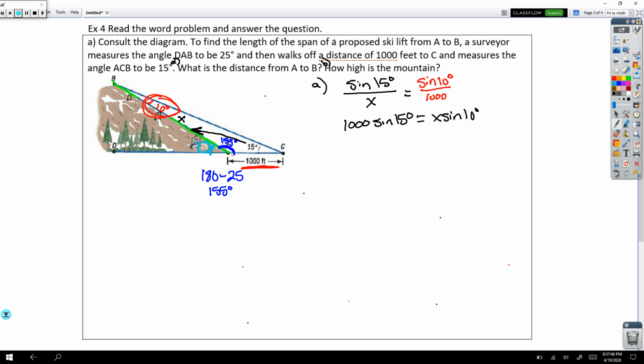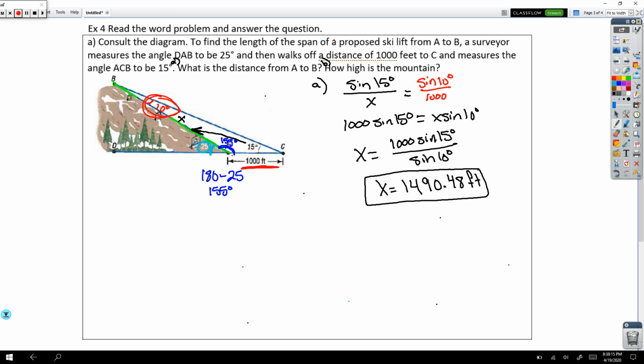Do your division. So x would equal 1000 sine 15 degrees divided by sine of 10 degrees. Plugging all that into your calculator, you should get approximately 1490.48, and this does have units. It is feet.